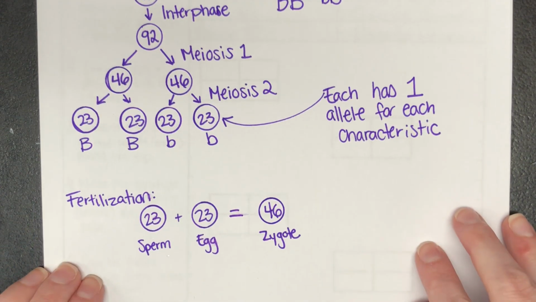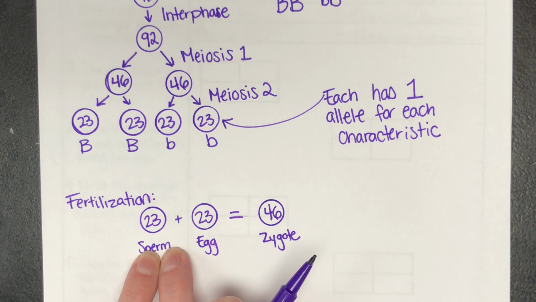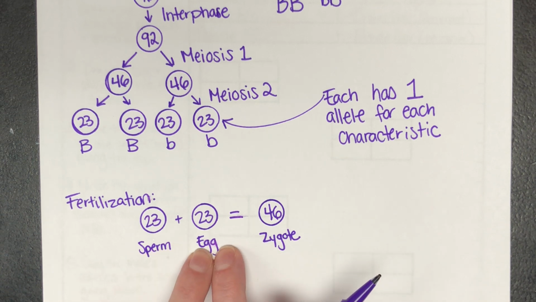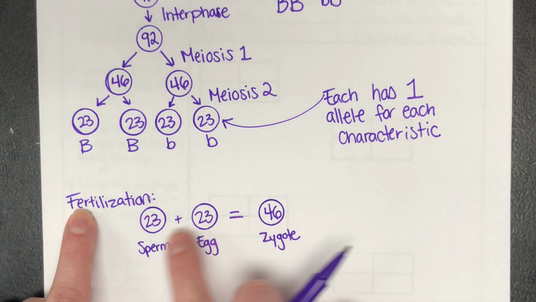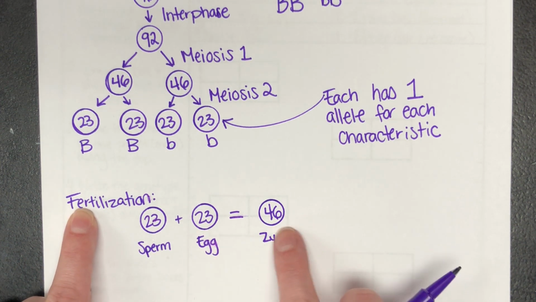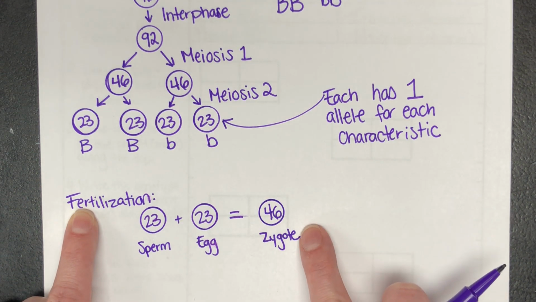Let's remember in fertilization, we have 23 chromosomes in the sperm from dad, 23 chromosomes in the egg from mom. When they come together during fertilization, you get the 46 chromosomes in you, the zygote.